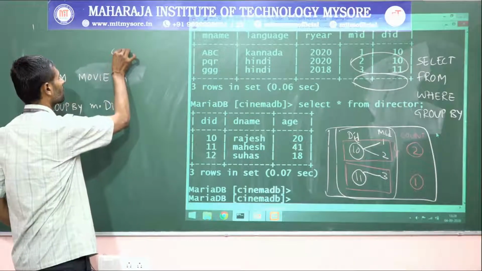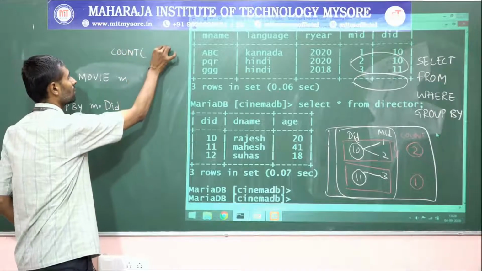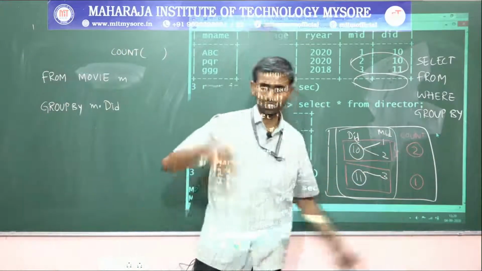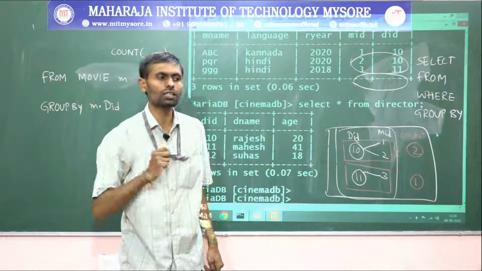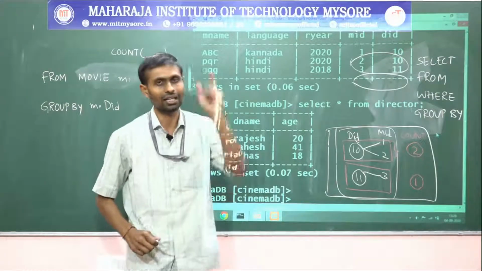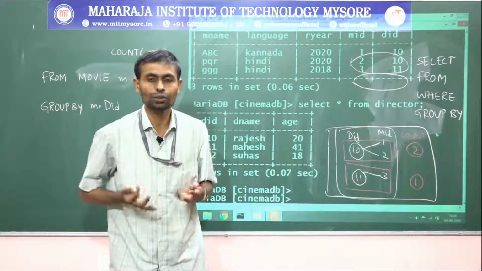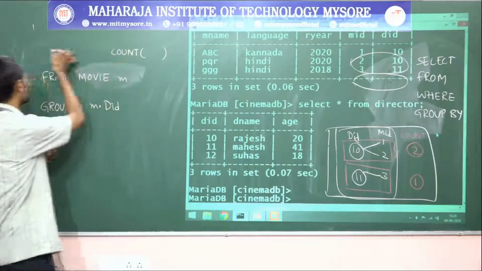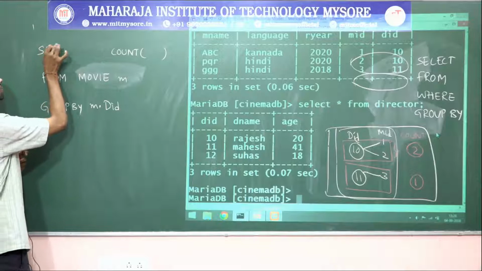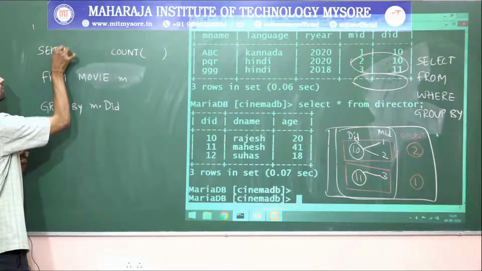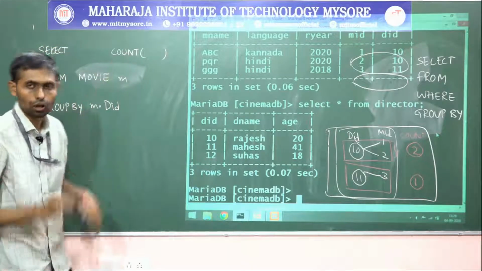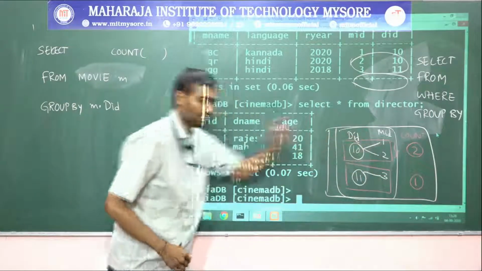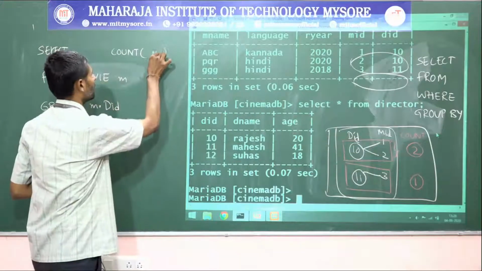Let me write count, because that count also I want to display. Anything I want to display is always written in the select clause. So let me write count in the select clause. Select count, count what? Count MIDs. Let me write MID.